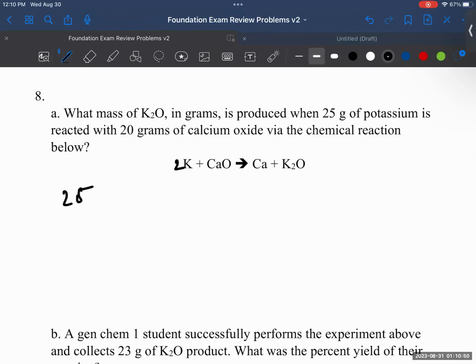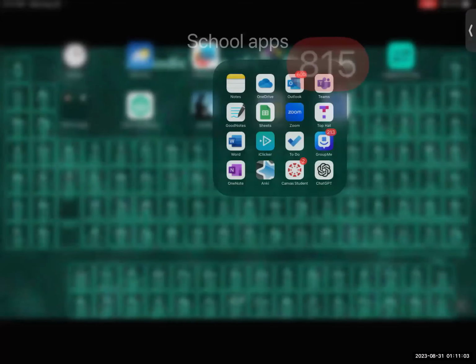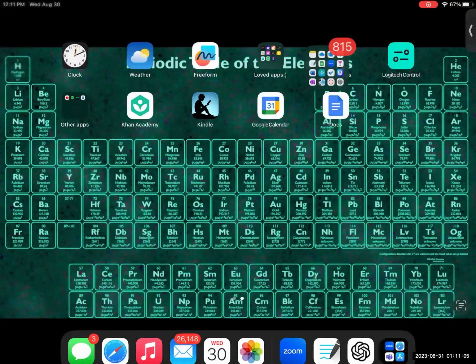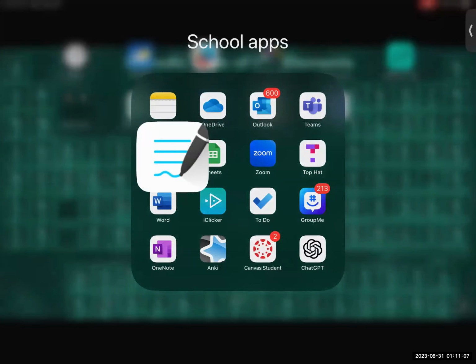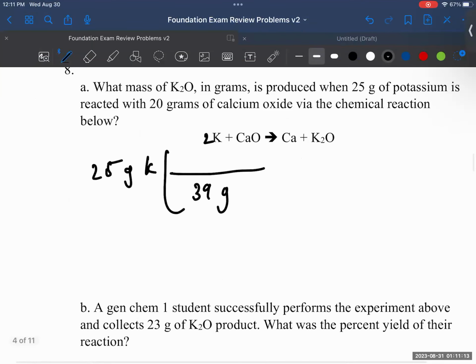So 25 grams of potassium. And how do we get from grams to moles? By the molar mass. So if we look at the molar mass here of potassium, I'm going to round that to 39. So 39 grams of potassium in 1 mole.